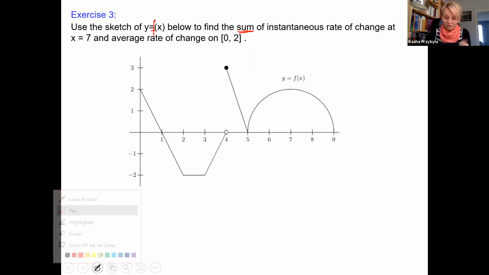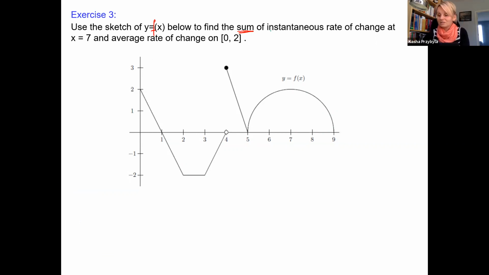First of all, who can tell me, because that's interesting, what is the instantaneous rate of change at 7 looking at this graph? I can give you a few seconds. If you know the answer, you understood everything I said. Instantaneous rate of change at 7. Okay, Corey said 2, Matthew said 2.